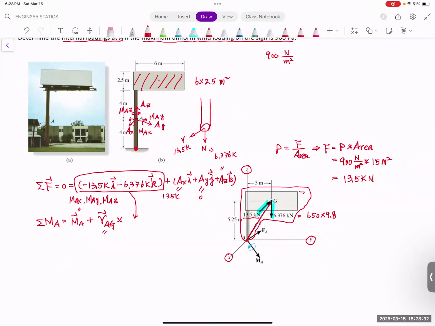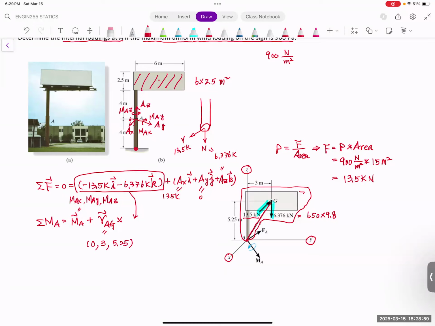RAG is equal to point G coordinate minus point A coordinate. Let's make A the origin. So the G point is going to be 0 in the x direction, 3 in the y direction, and 5.25 in the z direction.